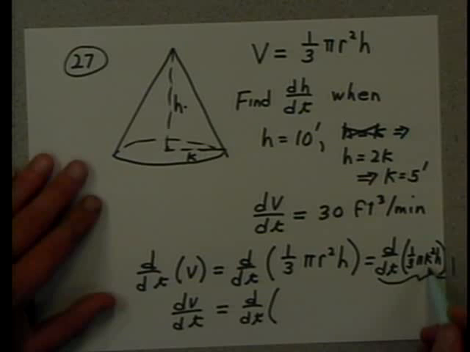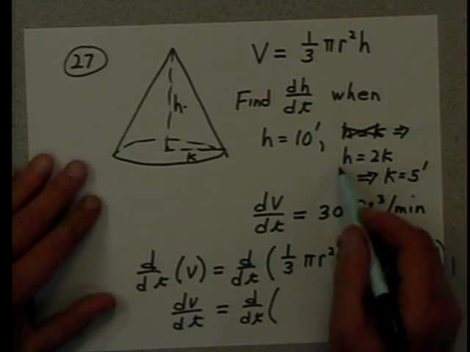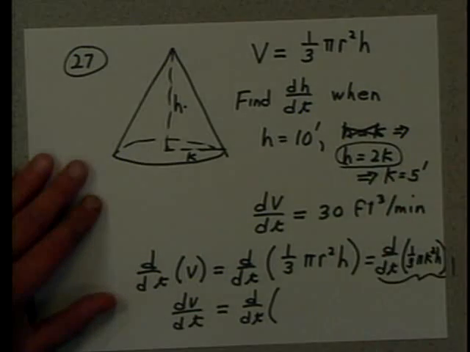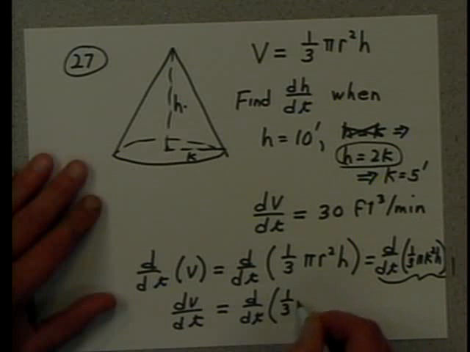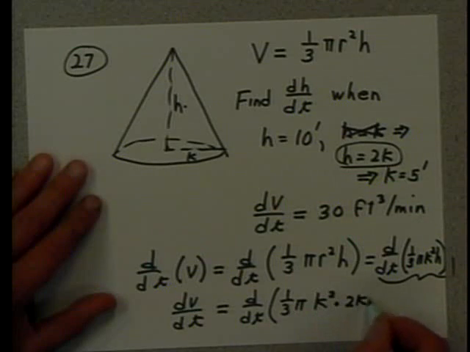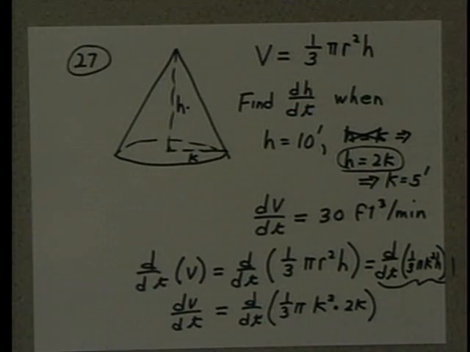How are k and h always related? That'll make it a little easier to do the derivative. Then I won't have to use the product rule, although that would work. It's right here. So can I not write it as one third pi k squared times 2k? That way I only have to work with one variable, and then I don't need the product rule.